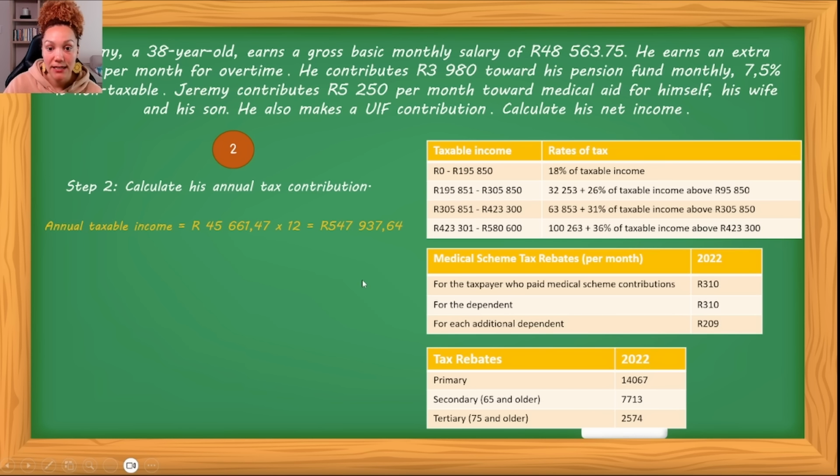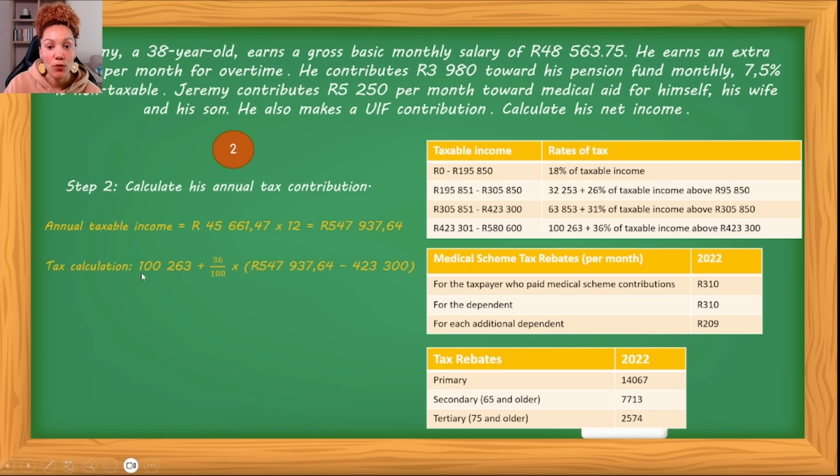This then tells us in which bracket he will be paying tax. So this 547,937.64 falls in the last tax bracket over here. Now that we know the tax bracket, we then apply the tax rate on the right.